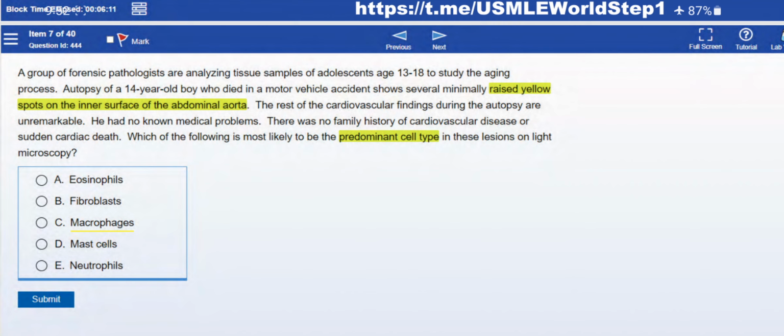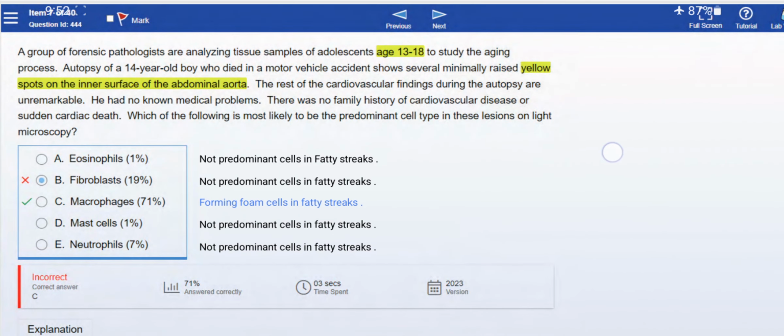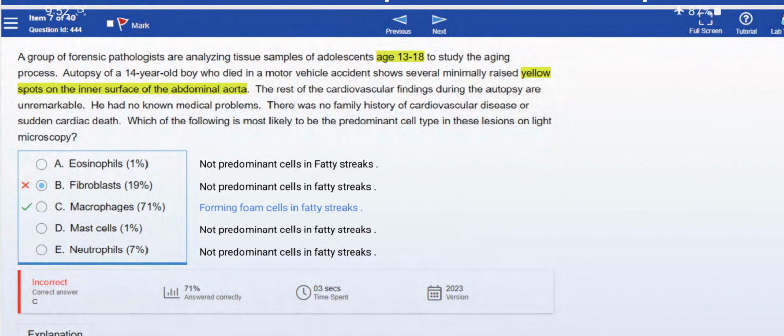Right? So the correct option for this question is macrophages. Right? Because these are associated with fatty streaks. Because these will form foam cells. Right? The other cells are not that predominant. Okay. One thing over here is age is important, right?